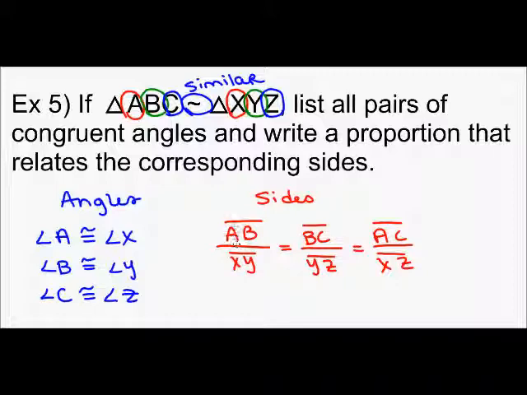So A, 1, 2, B, 1, 2, C, 1, 2, X, 1, 2, Y, 1, 2, Z, 1, 2. And that everywhere I have an A, I have an X. They're lined up. Everywhere I have a B, I have a Y. C, Z, all lined up. That is what you want to have.